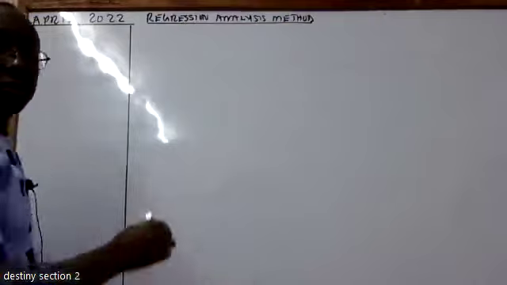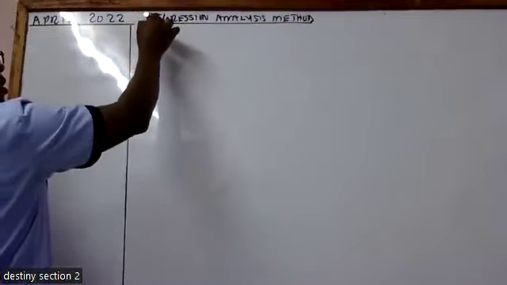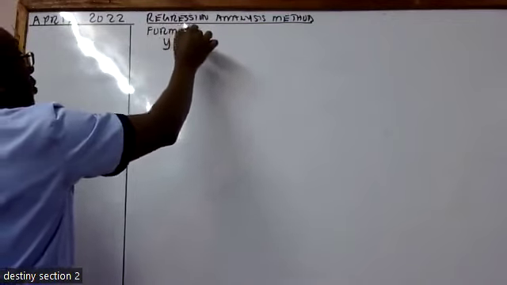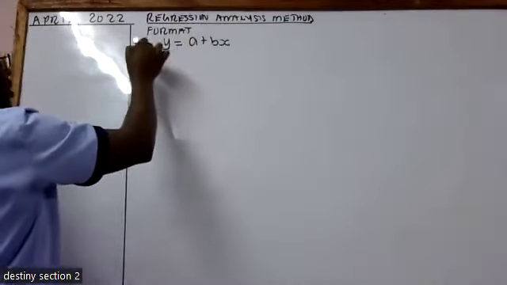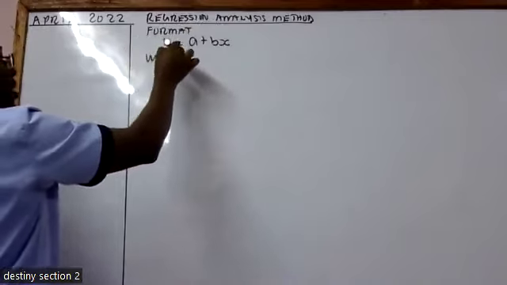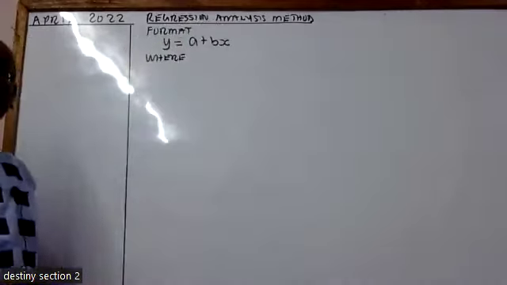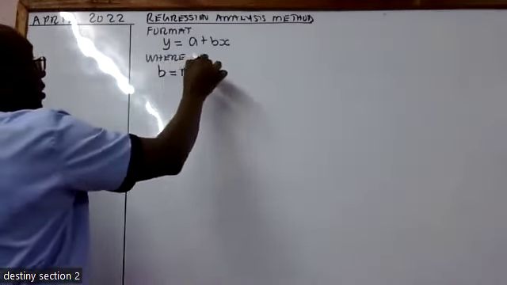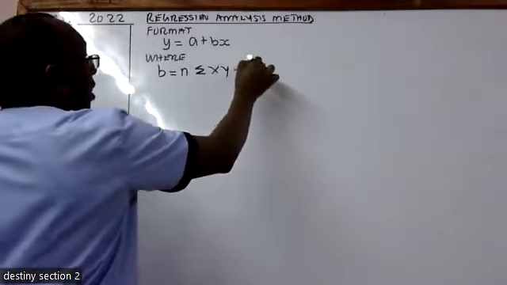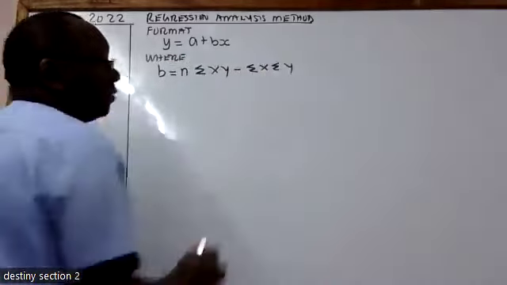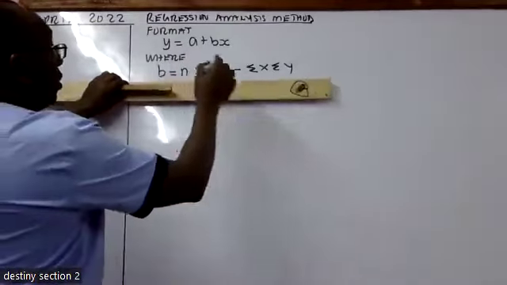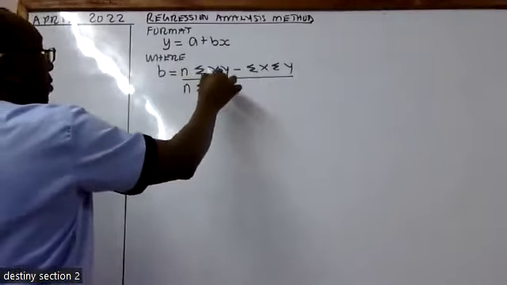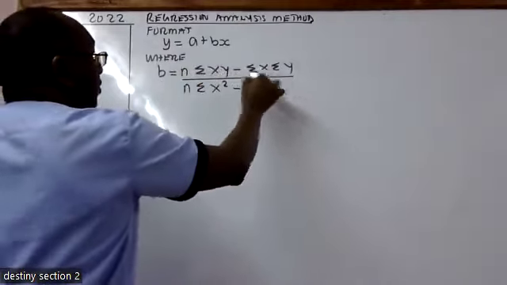The format of the equation is y equals a plus bx, where b is given as n sum of xy minus sum of x sum of y, divided by n sum of x squared minus (sum of x) squared.